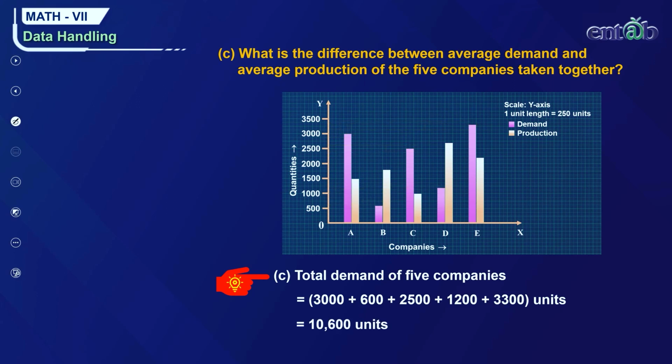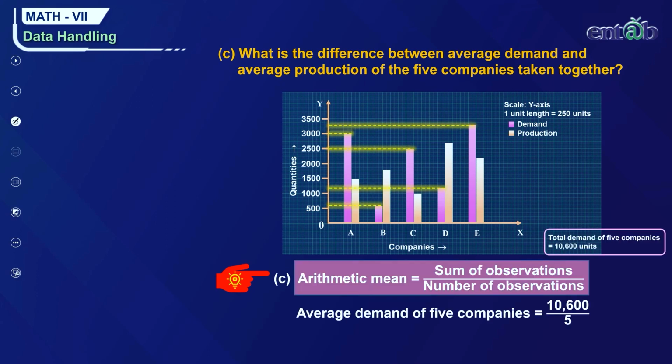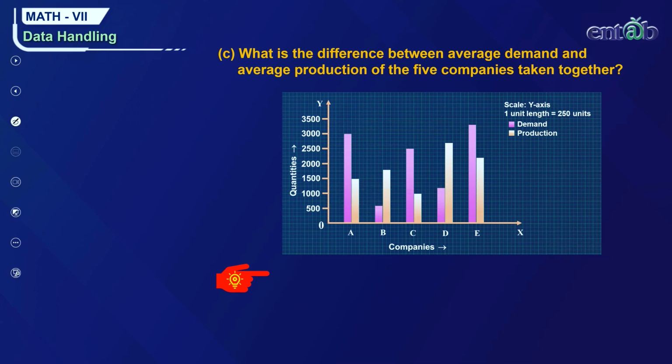And that totals 10,600. And we have to find the average demand of 5 companies. For that, we will divide the total demand by 5 and we will get it as 2120 units, right?